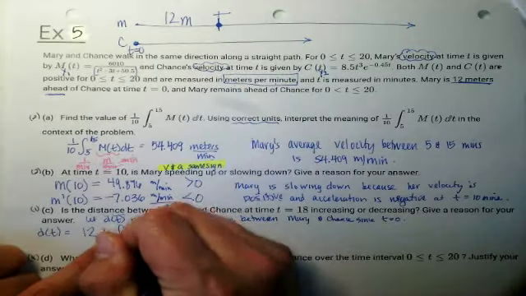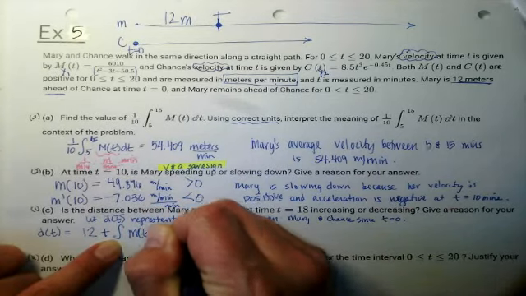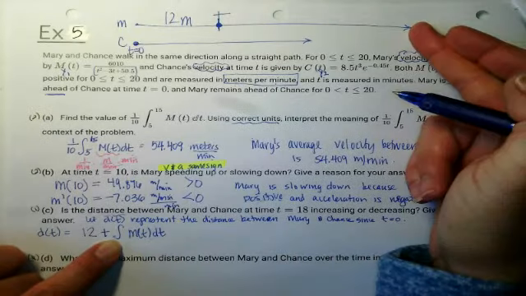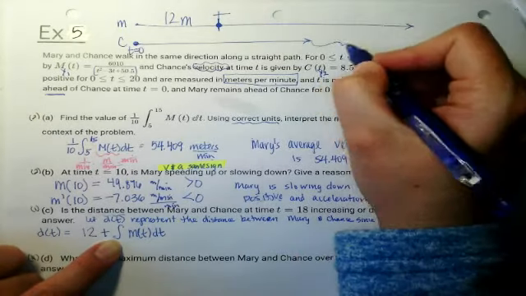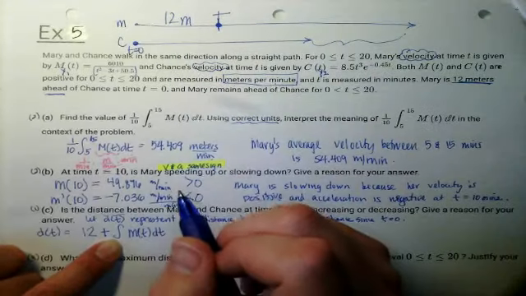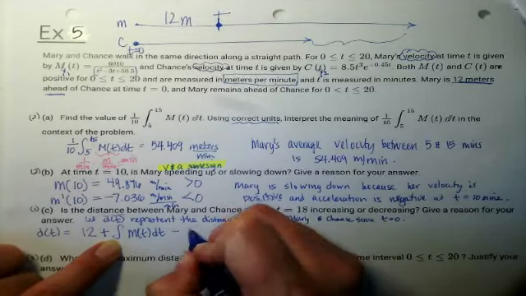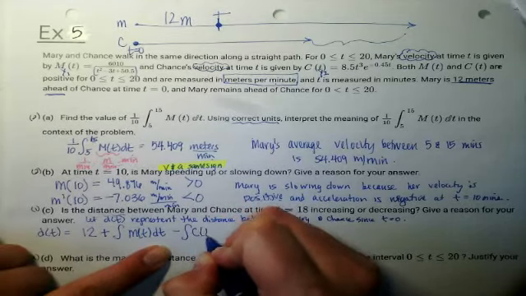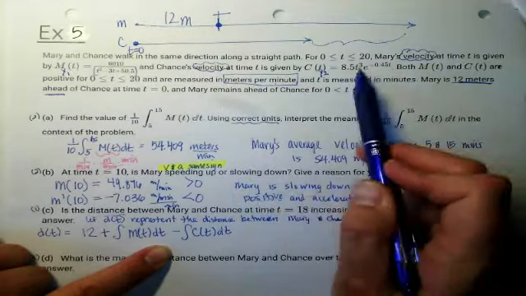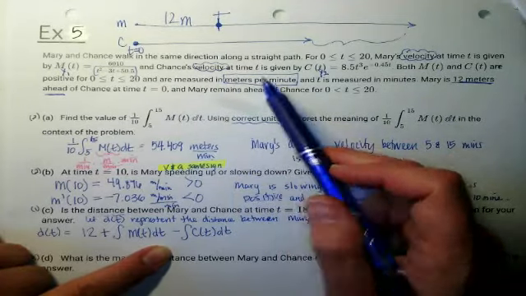So I'm going to integrate Mary's velocity equation, and that would give me her total distance way out here. The distance between them is to subtract Chance's distance. And again, we have to integrate because his is a velocity equation, a rate in meters per minute. If we integrate, we get the amount of meters.